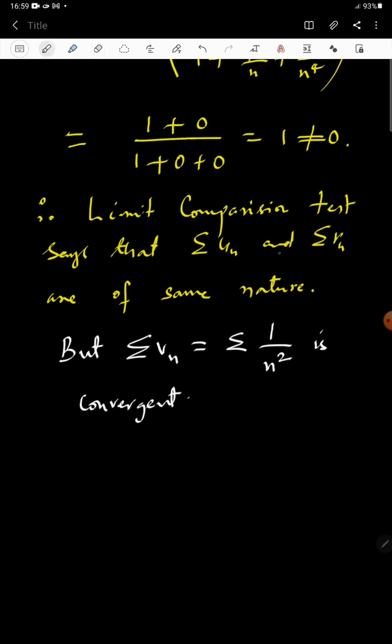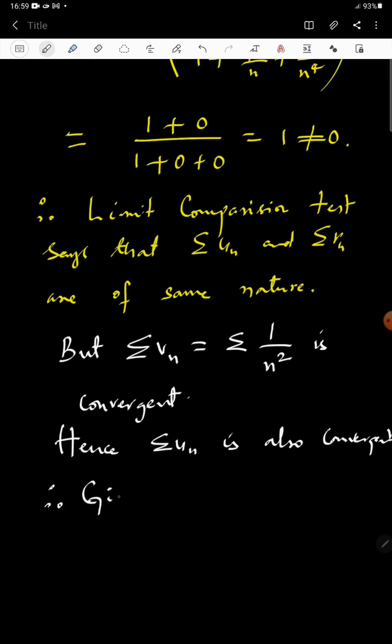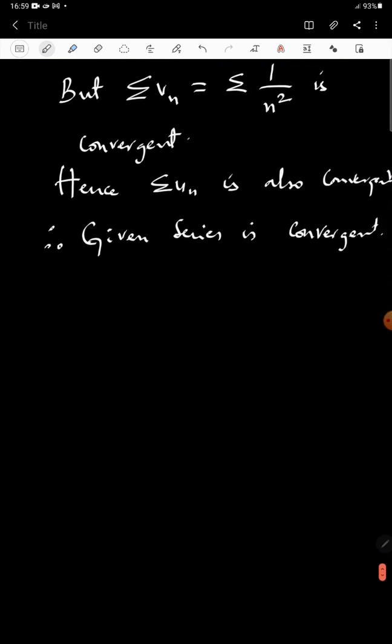Therefore, once it is decided that sigma vn is convergent, by limit comparison test they should be of the same nature, and hence we conclude sigma un is also convergent. Therefore the given series is convergent. I hope you understood.